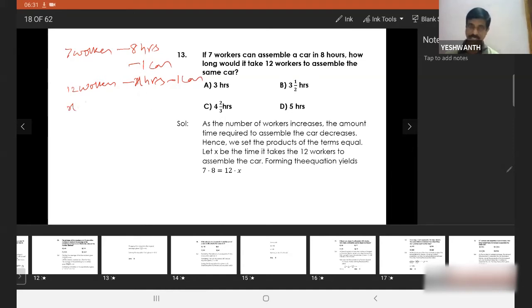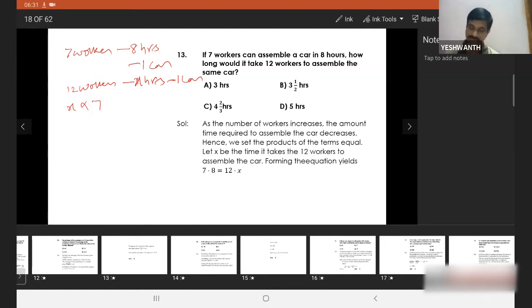Now look at this, children. Here it is directly proportional or inversely proportional. That is what we need to look at. See, if the workers are increasing, time should decrease. So if workers are increasing, time should decrease, means it is inversely proportional. Means if workers increase, time decreases. If workers decrease, time increases. Means they are inversely proportional.